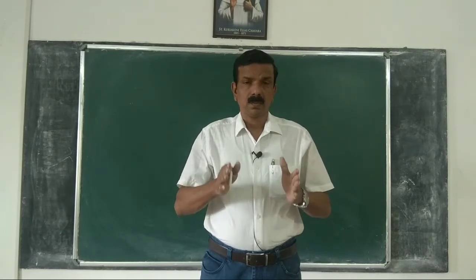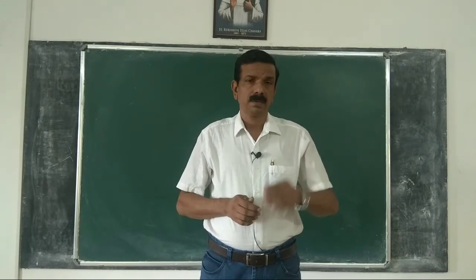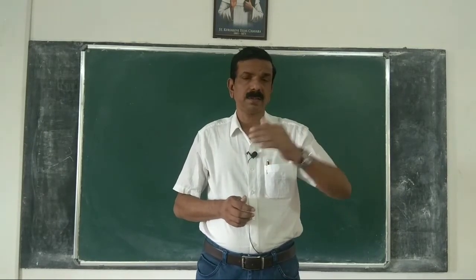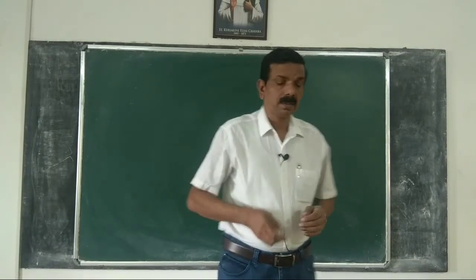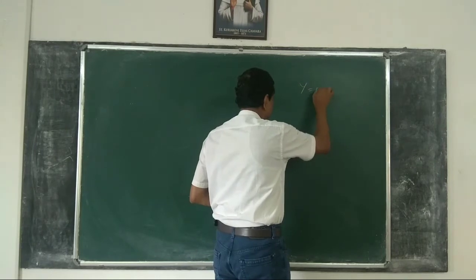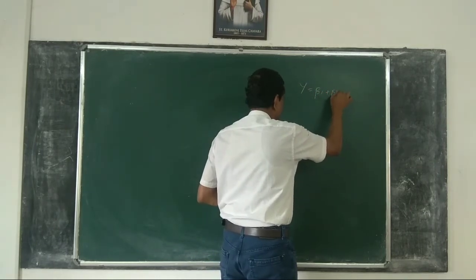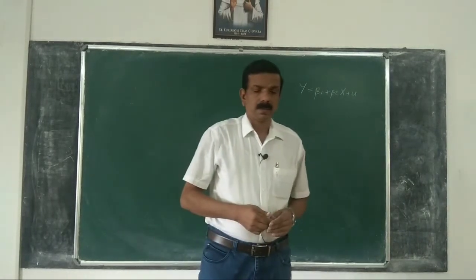Let us see the interpretation of this method of moment estimation problem, starting with a simple linear regression model, y is equal to beta 1 plus beta 2 x plus u.